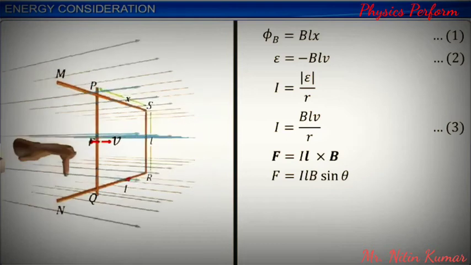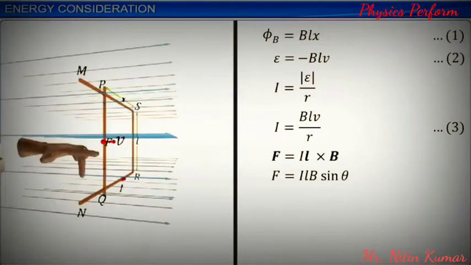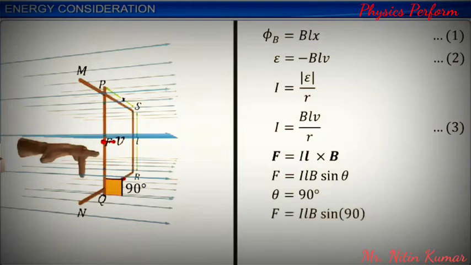Here, the angle between the arm PQ and the magnetic field is 90 degrees. Hence, F is equal to ILB sine 90. As sine 90 is equal to 1, this can be rewritten as F is equal to ILB. Let this be equation 4.